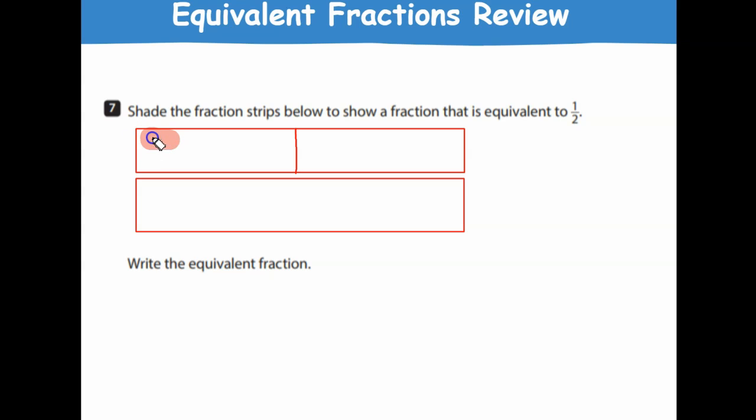And highlight half of it. Okay. The second one, you're going to cut it in half, and cut it in half, and cut it in half, like that.